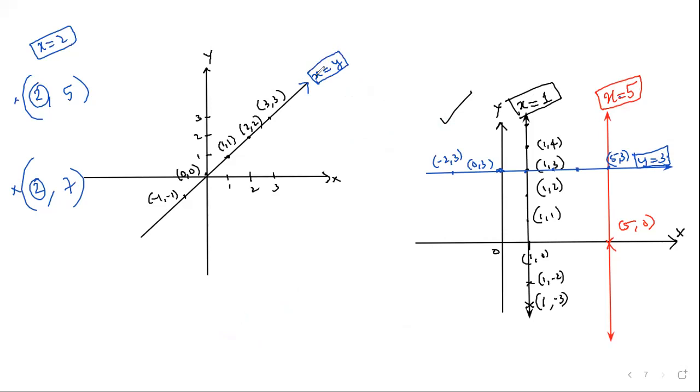So what will be the equation of this one, bisecting the second quadrant? Just imagine a point here. What will be the equation?